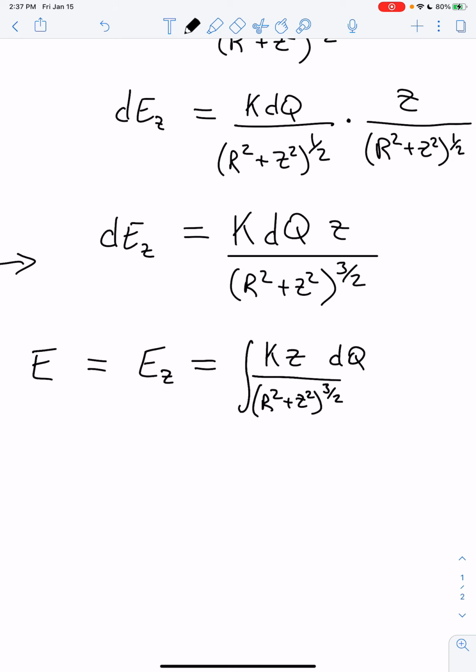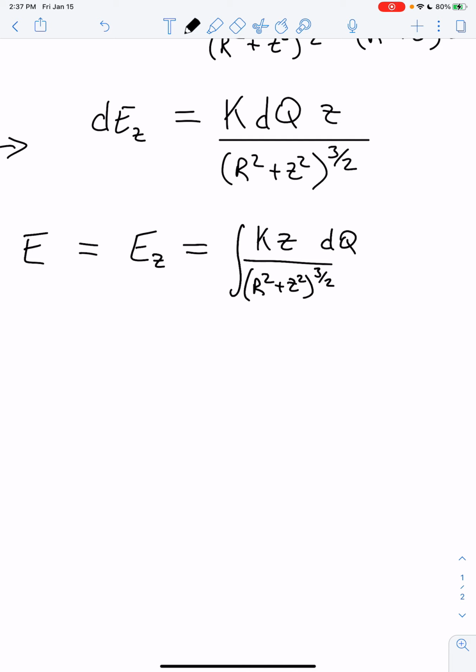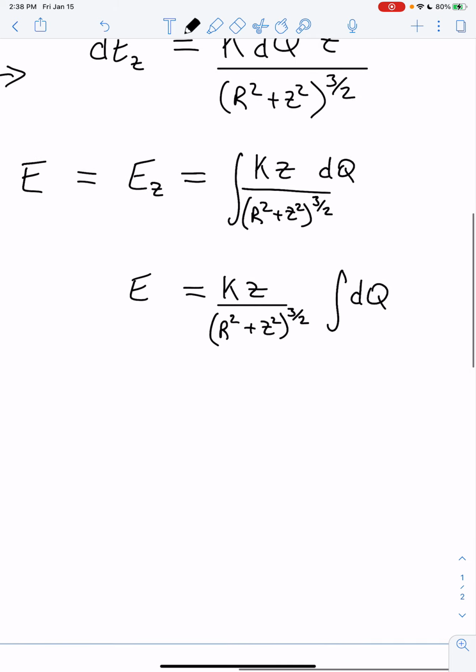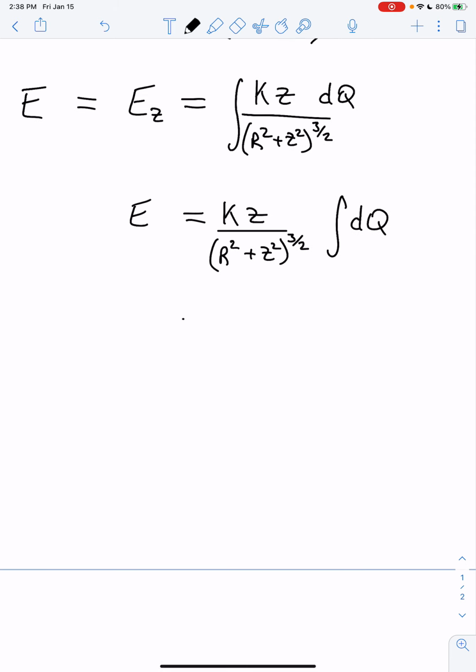However, all of this is able to come out of the integral except dq, because none of this is going to change as we do the integration. So we have the integration just around the ring of dq. So that means it's just going to be q.